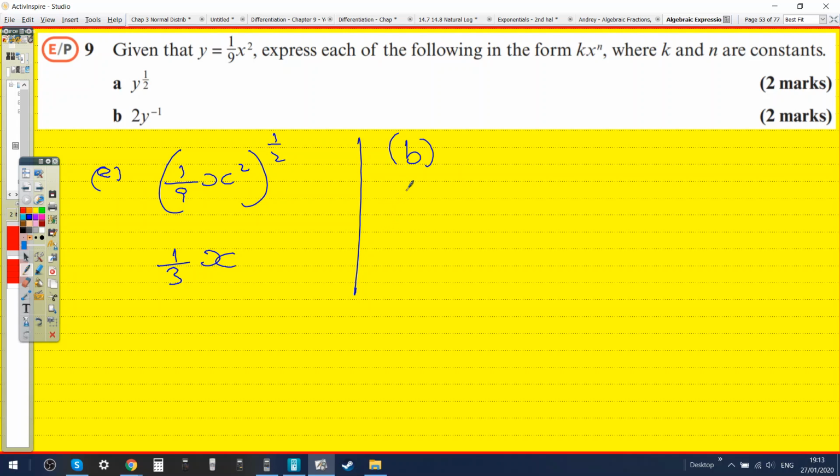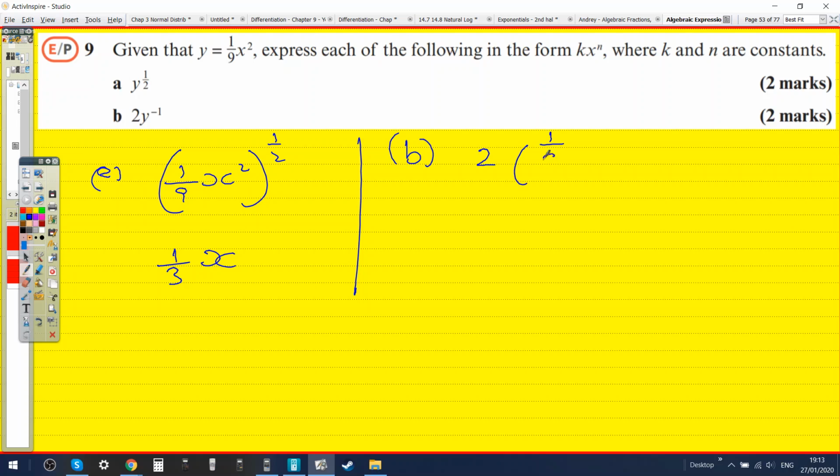So 2 and then a ninth x squared to the power of -1.